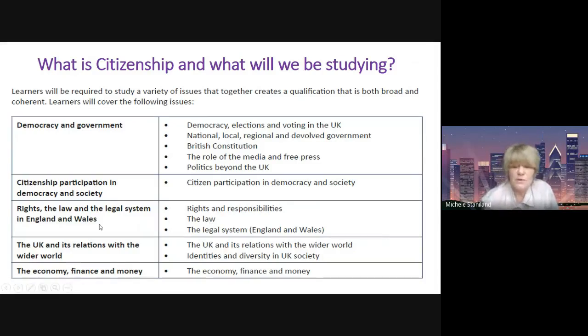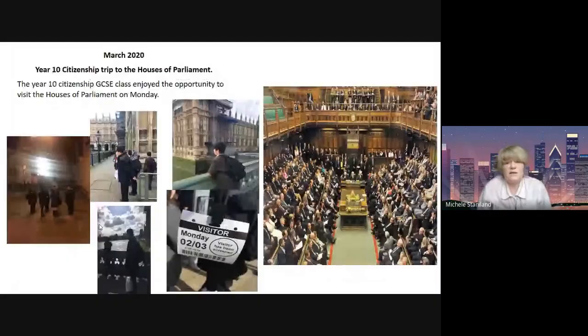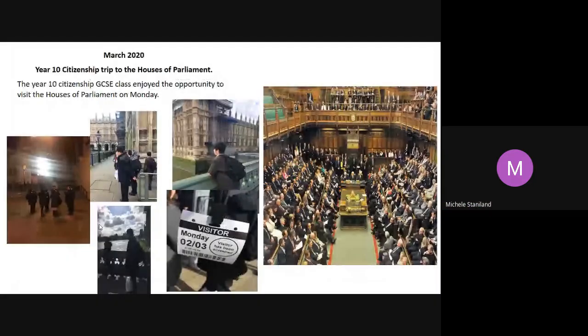So one of the first things we do is looking at democracy in our country and the Houses of Parliament, which is the hub of all decision making in the UK, where laws are made, where bills are passed, where decisions are made around education, everything that affects your daily life.